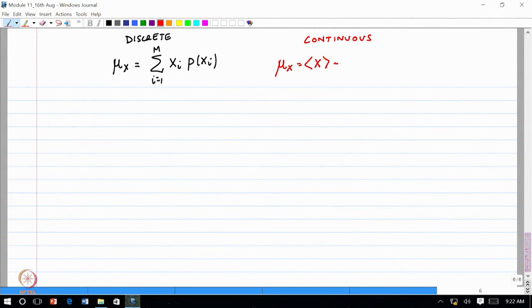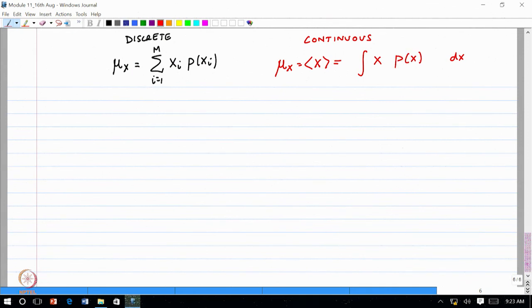The sum goes over all the discrete outcomes, x1, x2 up to xm. Since my number of possible outcomes of x is infinity, this should be replaced by an integral dx. The x_i is replaced by x, which is a continuous variable, and I have p of x.